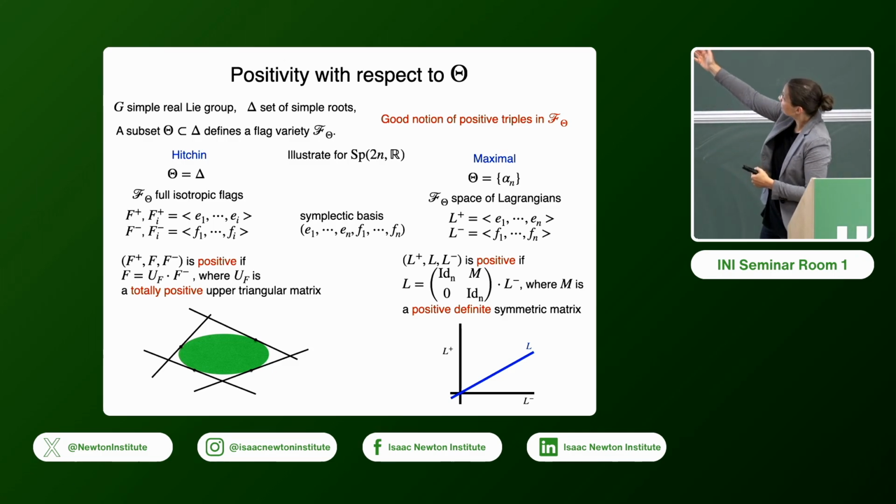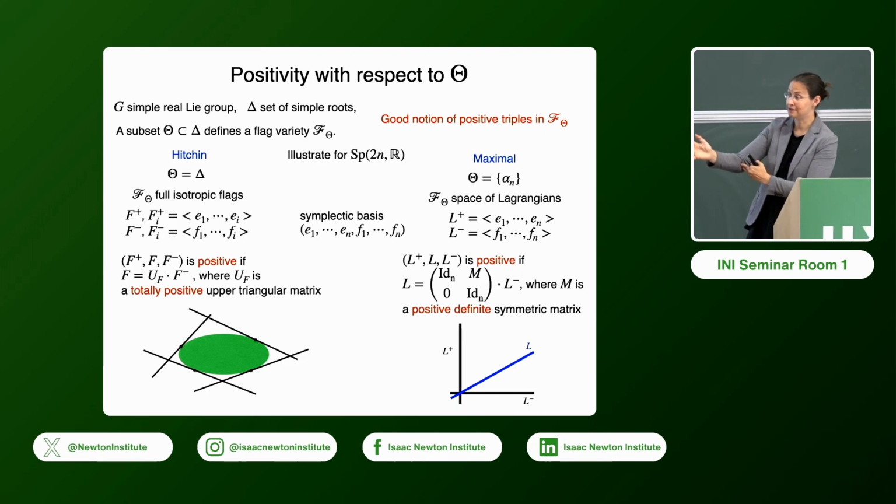If I look at the third Lagrangian, I can always write it as this upper block diagonal 2 by 2 matrix applied to L minus, where M is a symmetric matrix. And I call the triple positive if this symmetric matrix is positive definite. So we just replace reals and positive reals by symmetric matrices and positive definite symmetric matrices.